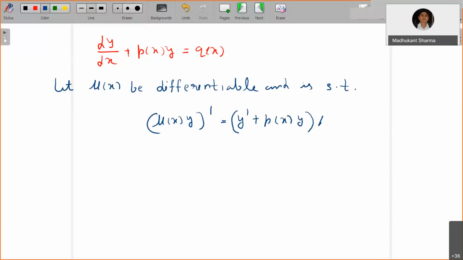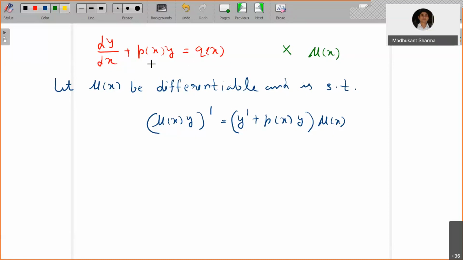That means you are going to multiply the equation on both sides by a function of x, which is such that the left hand side can be written as a total derivative.